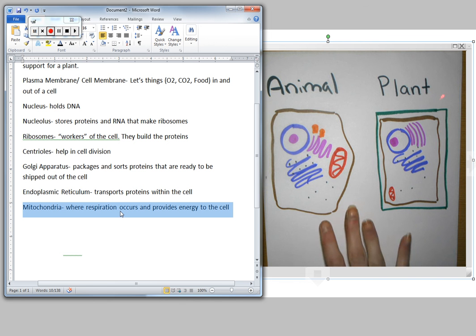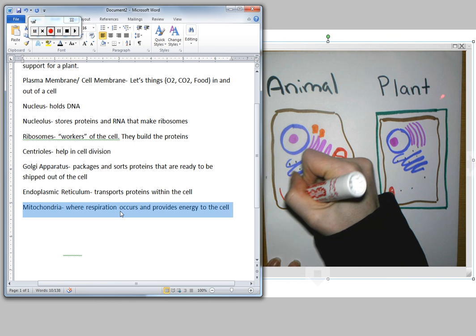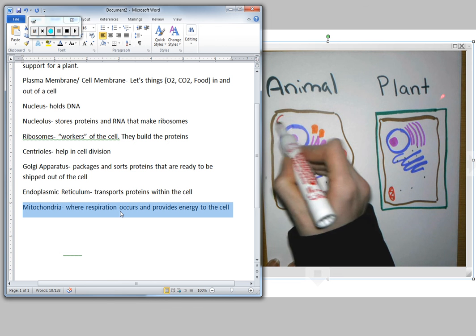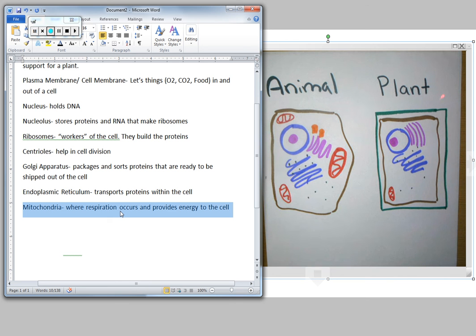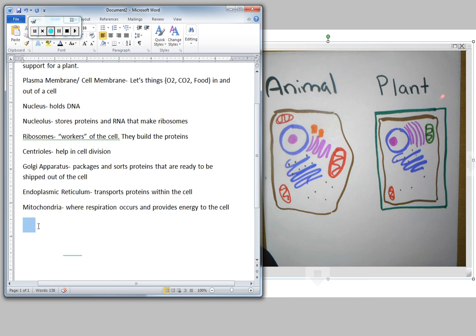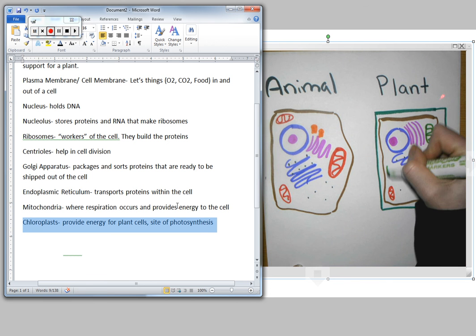Animals tend to have more mitochondria than plant cells because animal cells get their energy through respiration solely, whereas plants can get their energy through photosynthesis, which occurs in a different organelle. So much like the mitochondria, the chloroplast is what provides most of the energy for a plant cell, and it is the site of photosynthesis.